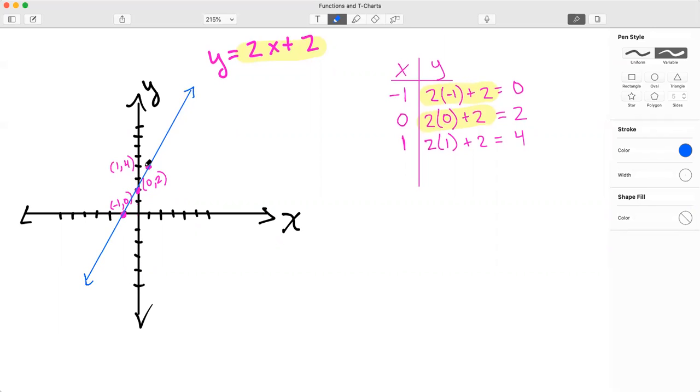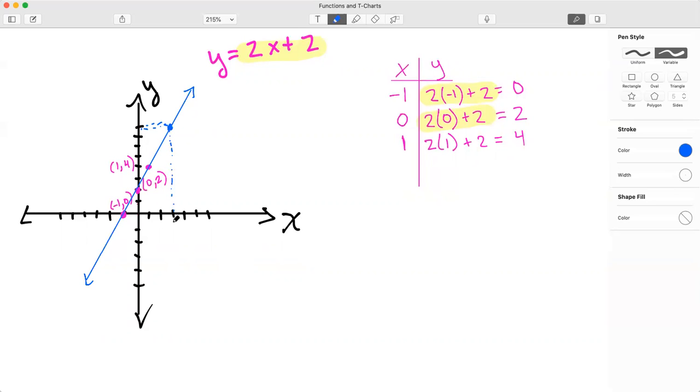Any point on this line gives us an input for x with its corresponding output. Let's say I pick a point randomly up here. Whenever y is 1, 2, 3, 4, 5, 6, 7, 8, it looks like x is 3.